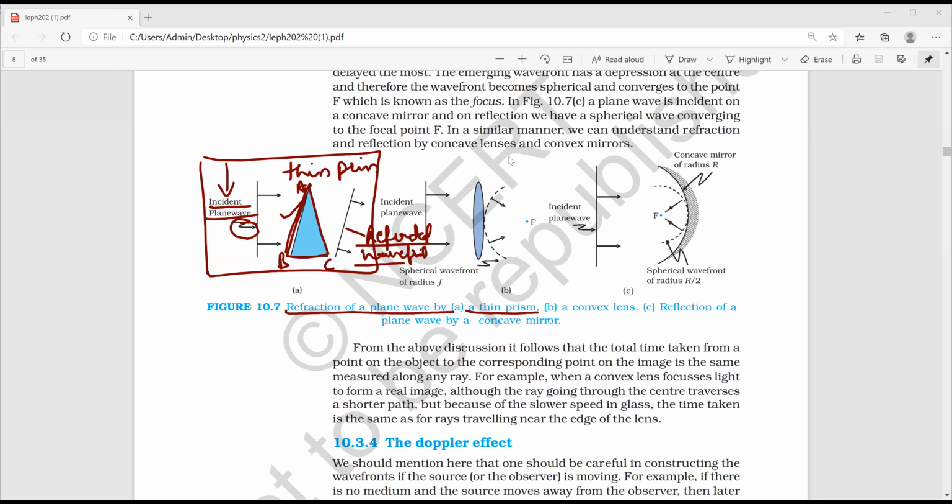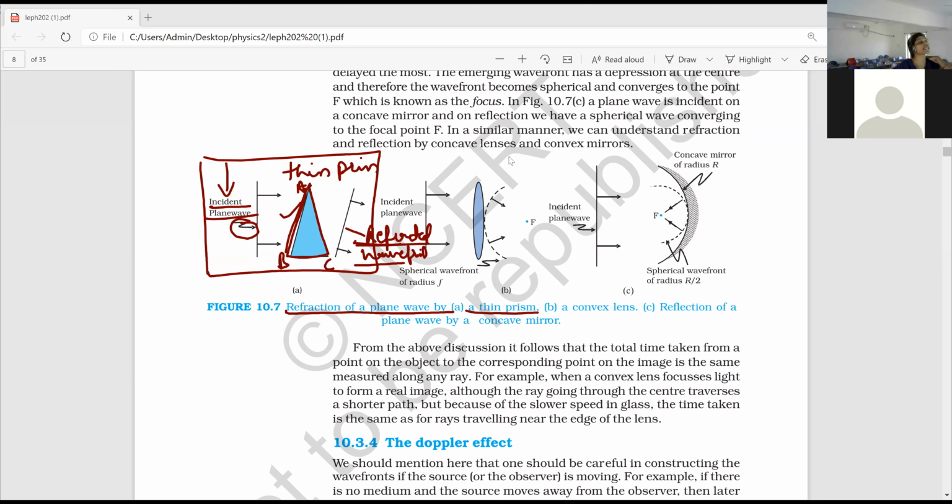Thus, the resulting refracted wavefront will show a tilt with respect to the incident wavefront. So this is the incident wavefront and this is the refracted wavefront.